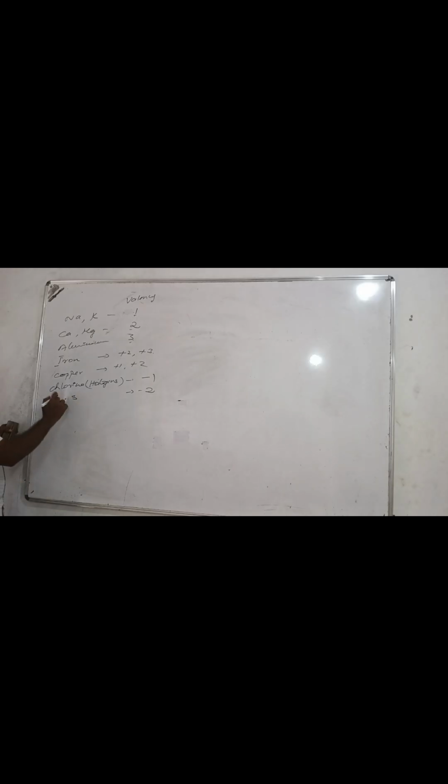Nitrogen and phosphorus valency is 3. So remember this. Now I will explain how to write the formula of a compound.